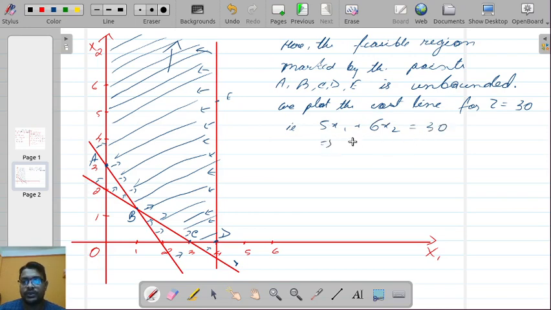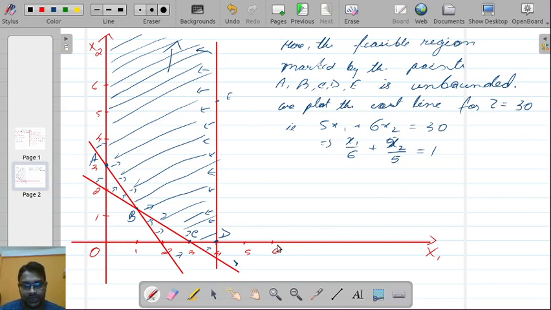Why have we taken 30? So that it's easier for us to draw the line. You can take 1 also, no problem, but you have to draw the lines accordingly. It will be one of the parallel lines, x1 by 6 plus x2 by 5 equal to 1. Let us draw this cost line in a different color, say black.